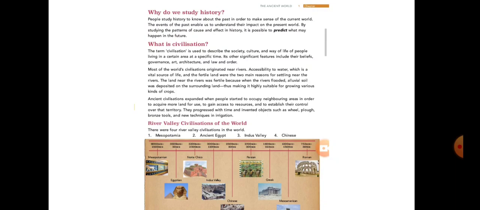Another important thing about civilization: when in the past people decided to start a town somewhere, first of all they focused on selecting the location. And in the location it was very important to have rivers, because you know that water is very essential for life.